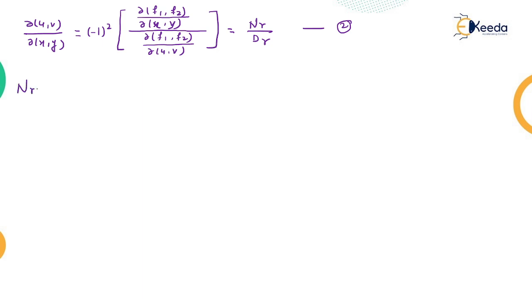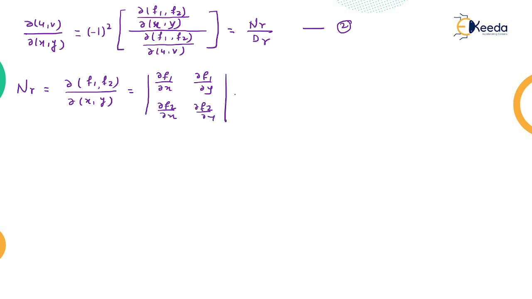So the numerator is the Jacobian ∂(f1,f2)/∂(x,y). This is the determinant of ∂f1/∂x, ∂f1/∂y, ∂f2/∂x and ∂f2/∂y.